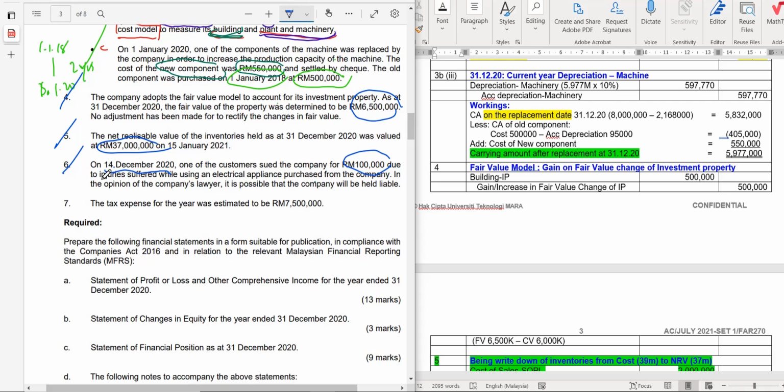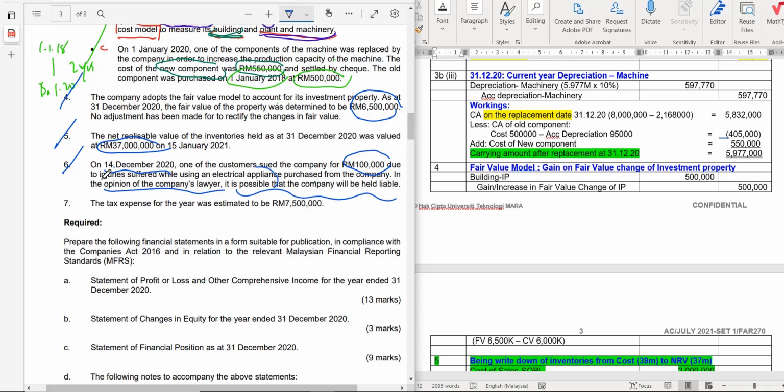So meaning that there is a present obligation, legal obligation. So 100,000 is the amount being sued, and that was because the customer suffered injuries while using the appliances purchased from our company. In the opinion of the lawyer, it is possible that the company will be held liable.